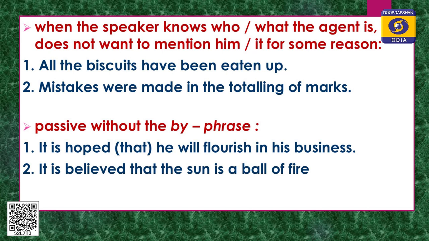Mistakes were made in the totaling of marks, right. It is hoped that he will flourish in his business. It is believed that, in this type of sentences, when somebody wants to hide the agent, when we use sentences beginning with it is hoped, it is believed, it is thought, it is expected, in these cases we avoid the by phrases.